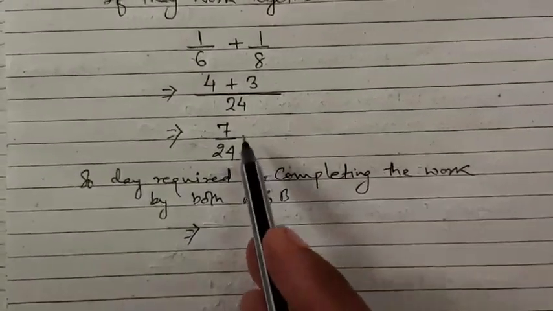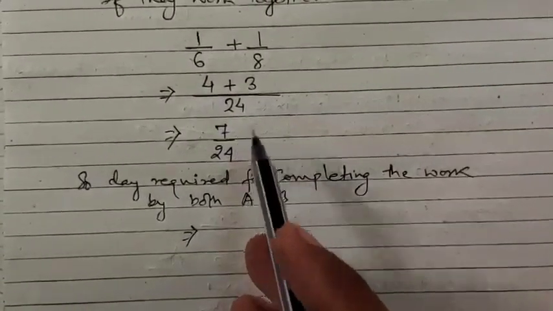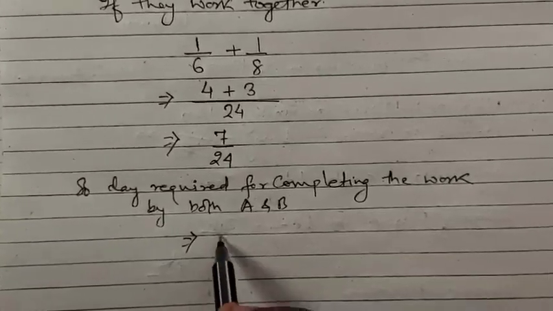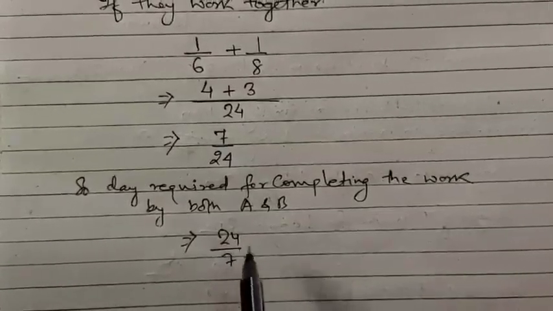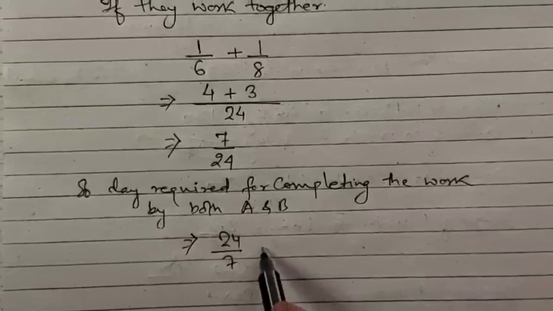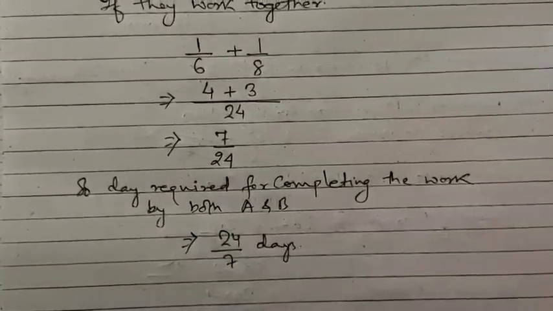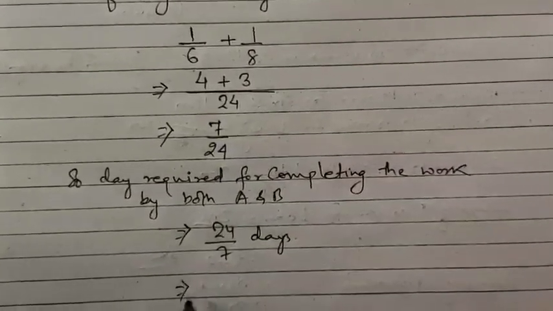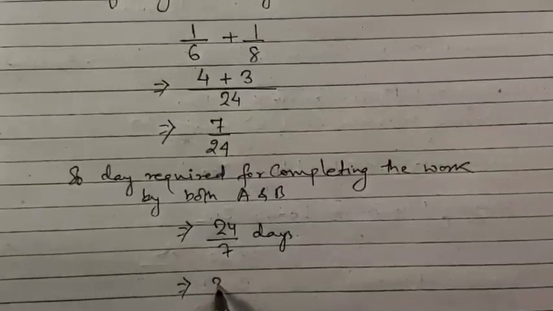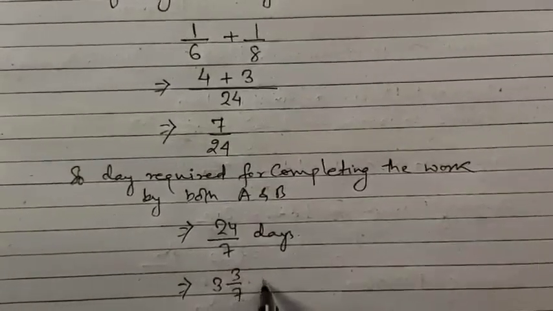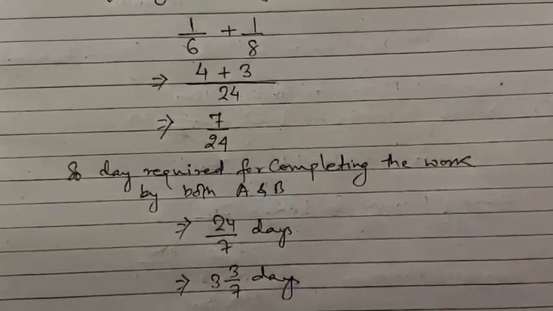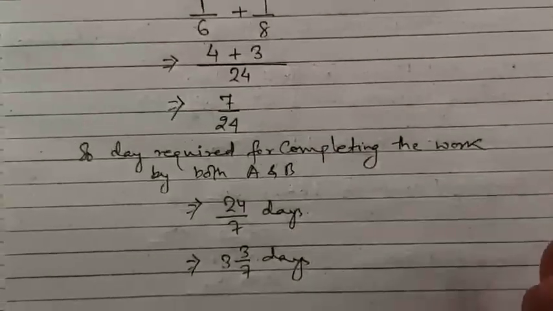Now we have one day work and we have to calculate the whole days. It means take the reciprocal of the calculated value. It means in this many days they can complete the work. We will convert into a mixed fraction. 7 times 3 is 21, so 3 whole 3/7 days. Hope that this question is clear.